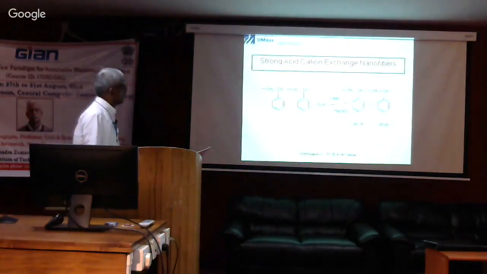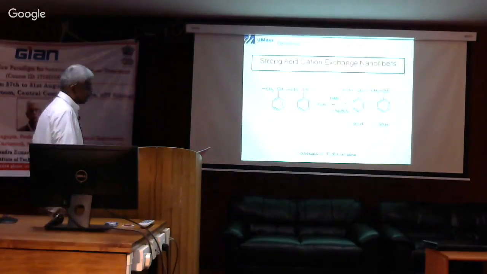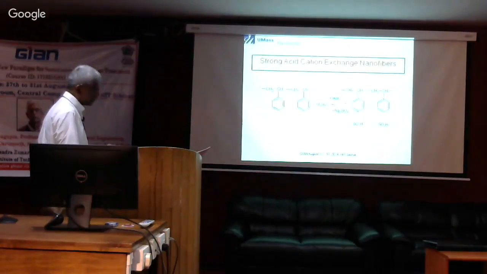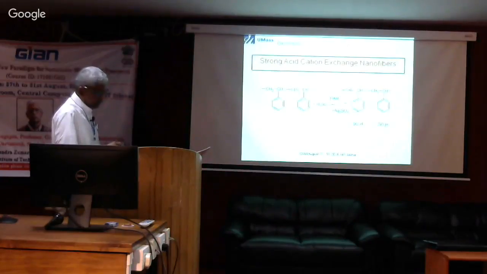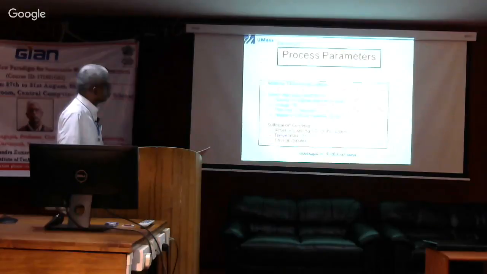Then, how about strong acid cation exchangers? This is what I was saying, that you can take polystyrene, and when you hit it with sulfuric acid under heat with silver sulfate as the catalyst, then you can get the sulfonic acid functionalization. This is 98% H2SO4 with Ag2SO4 as the catalyst.